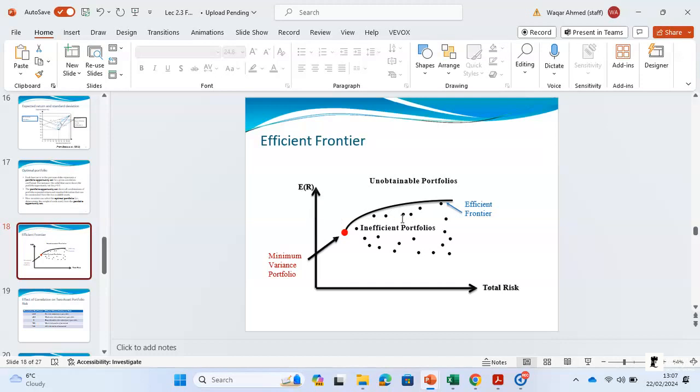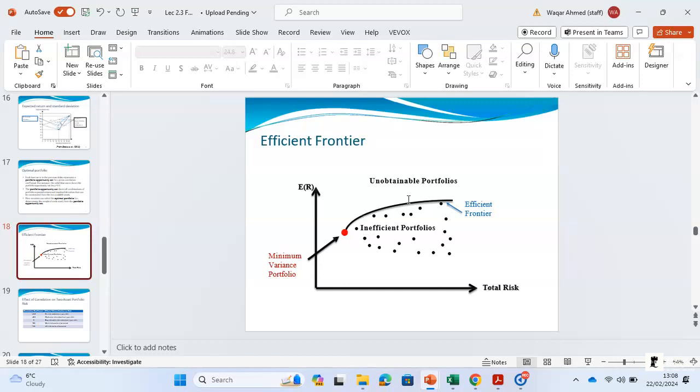Okay, so what is your objective? You would want to be as close to this efficient frontier as possible. Okay, because for the same risk level you are getting the higher return. Okay, good. So when you are creating portfolios, what is your objective? To be as close to this efficient frontier as possible.